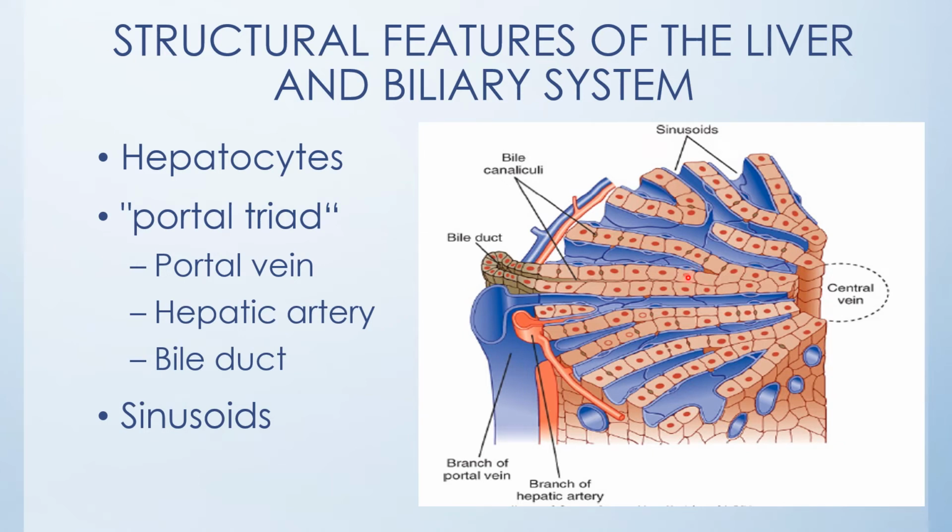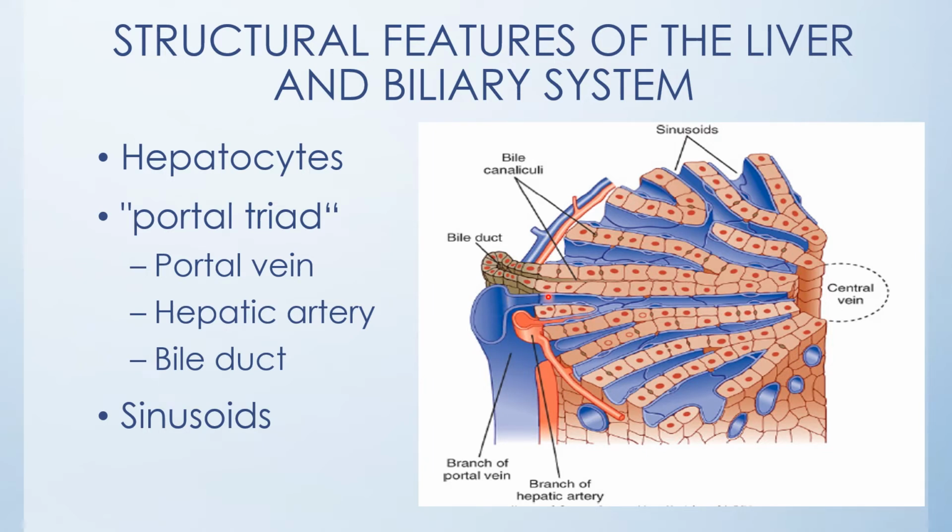So in here, we can see the portal triad, which is the branches of the portal vein, this one, and the hepatic artery. This one is the hepatic artery. The portal vein and the hepatic artery are located at the periphery of the lobule.